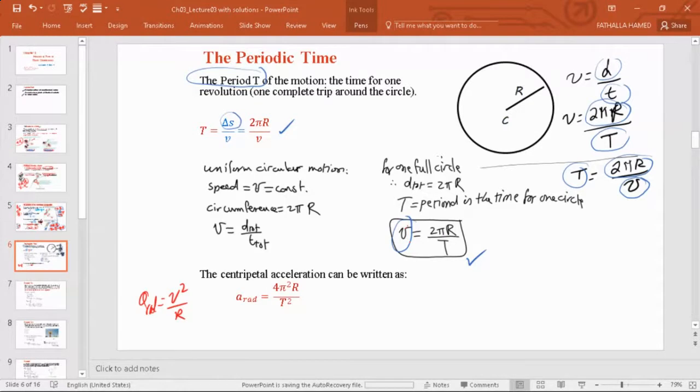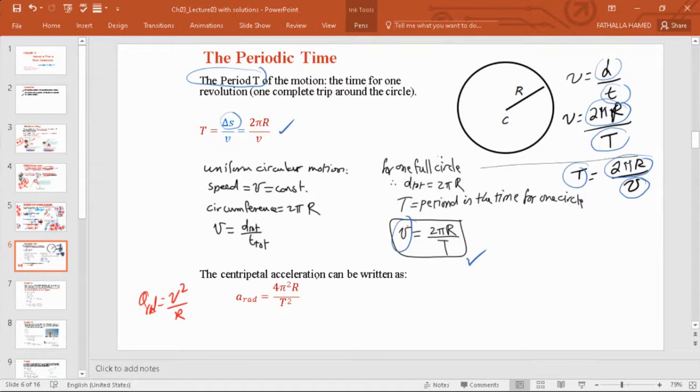And your v here is equal to 2πr over T. So you'll put in your v squared. v squared will give you 4π squared r squared over T squared, but you still have the r here, and the r squared will cancel with one r, and that's why in this case your radial acceleration will equal 4π squared r over T squared.